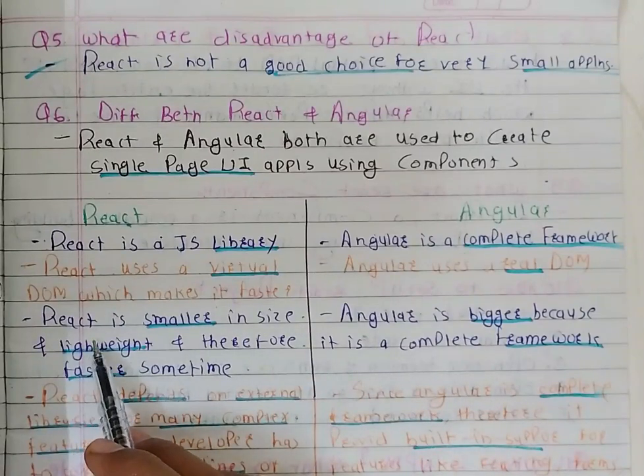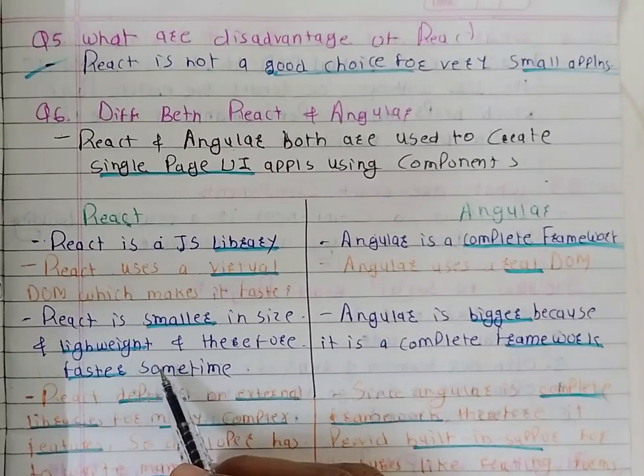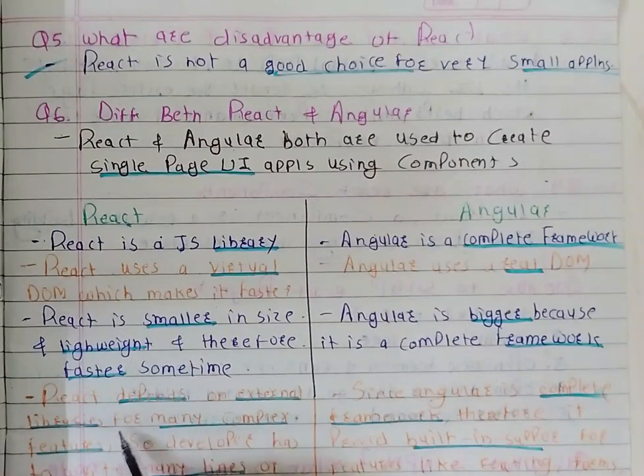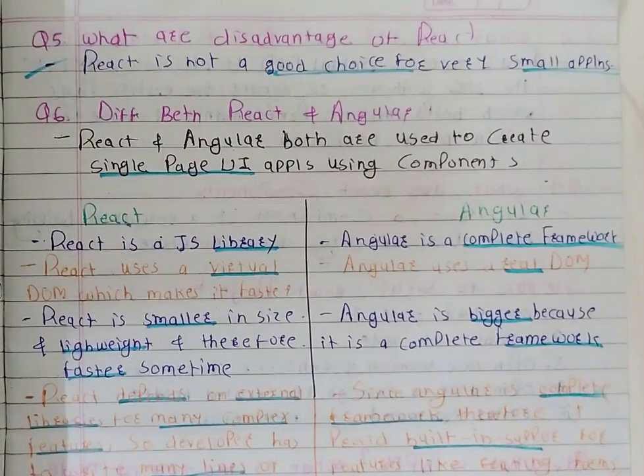React is smaller in size and lightweight, and therefore sometimes faster. Angular is bigger because it is a complete framework and React is a library.